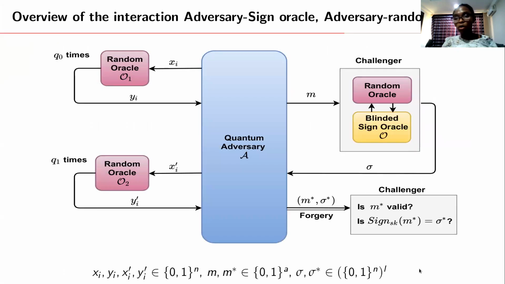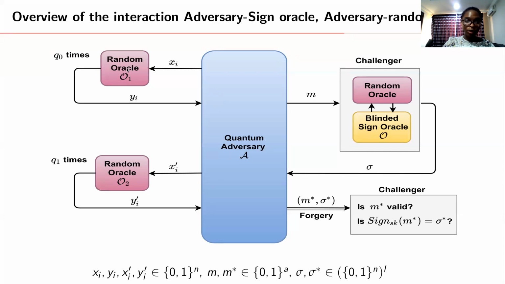So now that we know how our quantum world works, let us see the general approach, the general interaction with which the adversary proceeds to come out with the forgery. In our analysis, we allow the quantum adversary to query the random oracle. He has the possibility to query the random oracle and get some information, because his goal is to learn as much information as possible about the hash chain elements to be able to come out with a correct signature.